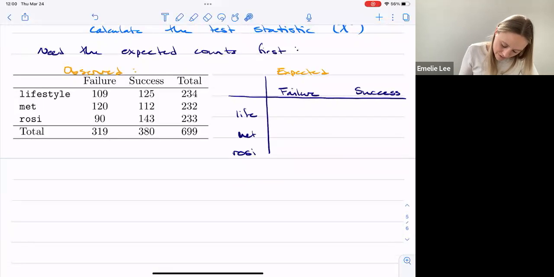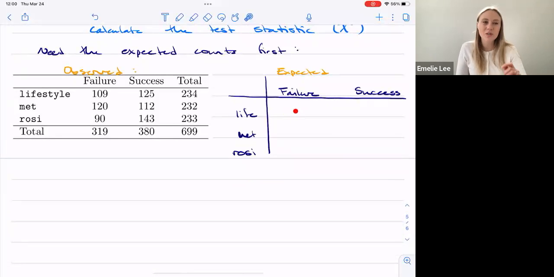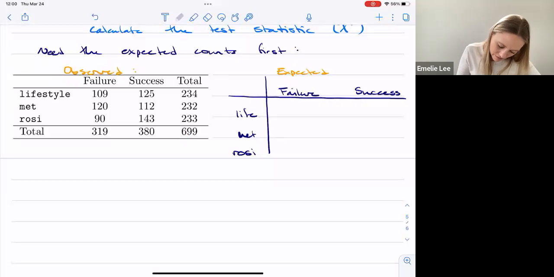counts. So here, for this first cell, I have a row total of 234 times a column total of 319 divided by the grand total of 699. Okay.